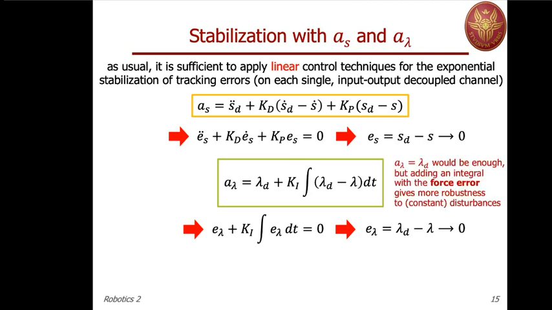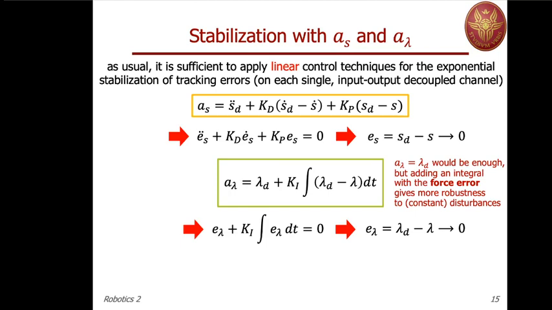But why did we add this integral term? In fact, since the relation lambda equal A of lambda is algebraic, we could have chosen simply A of lambda equal to lambda desired, and this would be enough. But in this way, we would have introduced, let's say, no force error in the control loop, although we were controlling explicitly forces.